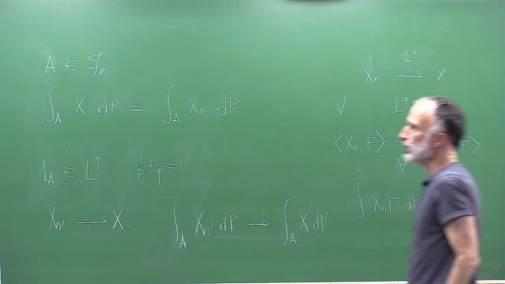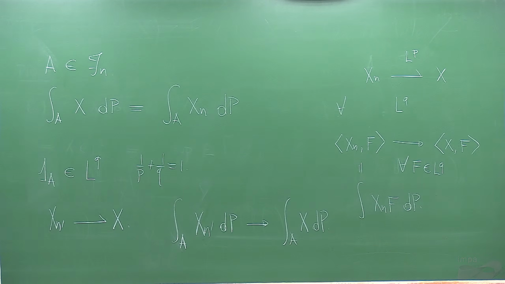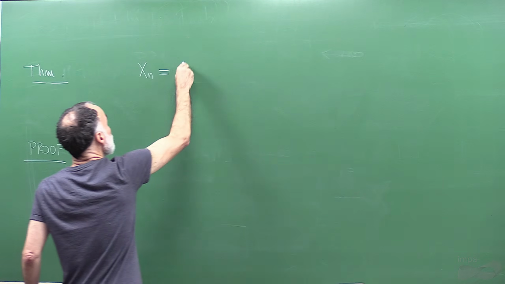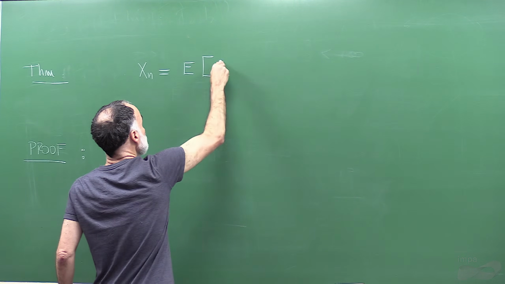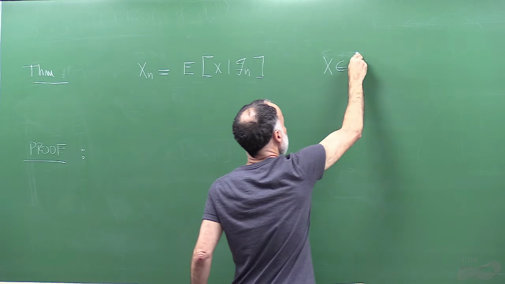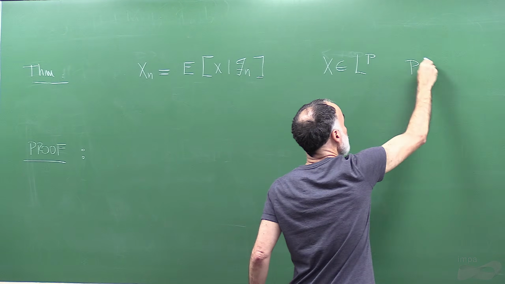Fine. And so the last theorem about convergence is to extend this LP convergence to almost sure convergence. Now assume that xn is the sequence where x is in LP, p larger or equal to 1.